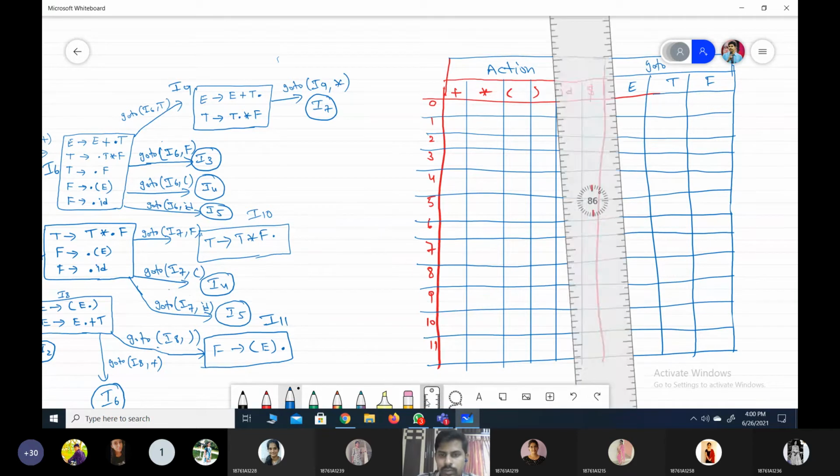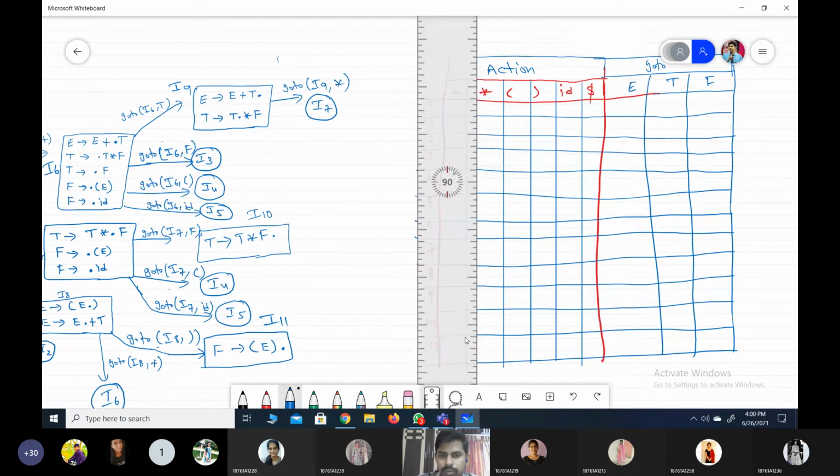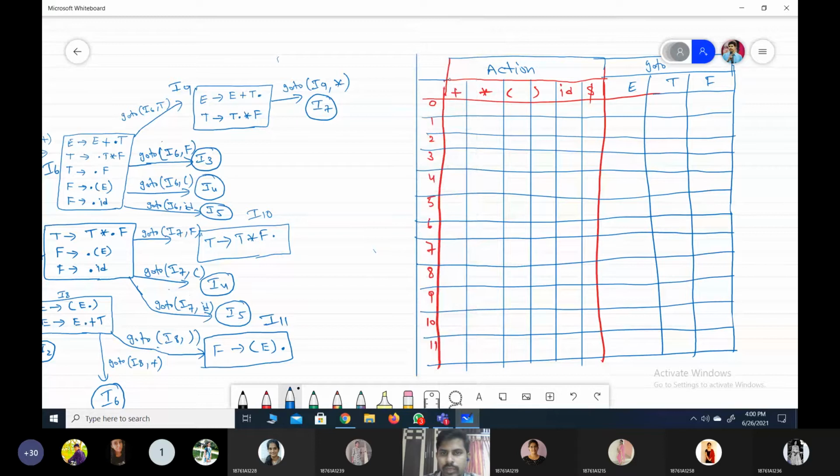If it is okay, then draw the table like this in a neat manner. Now we have to fill these entries.